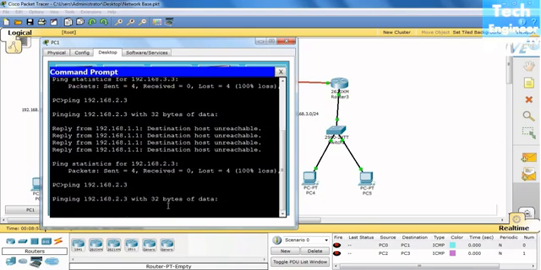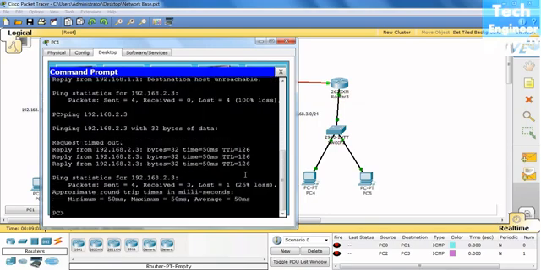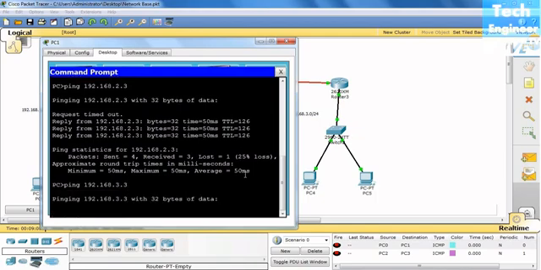So let's try to ping each other. Now PC1 to the third network, so it's pinging now, 3.3, pinging.